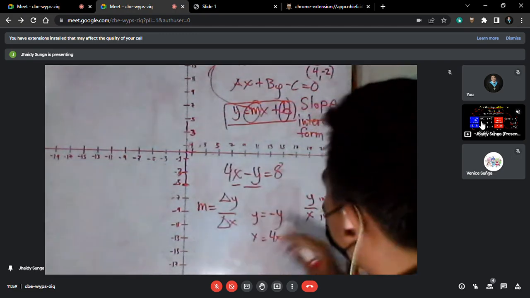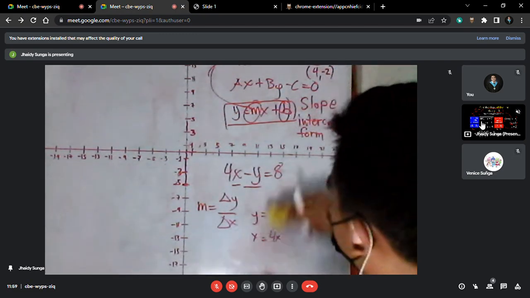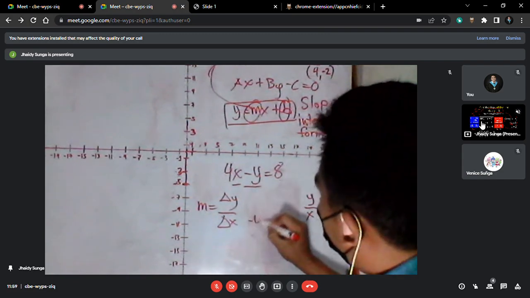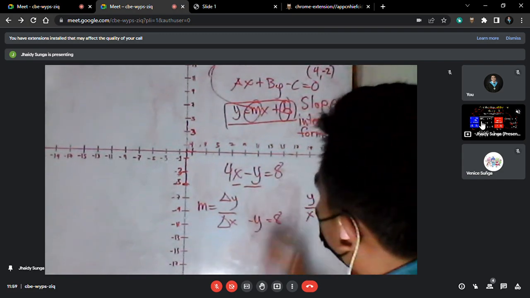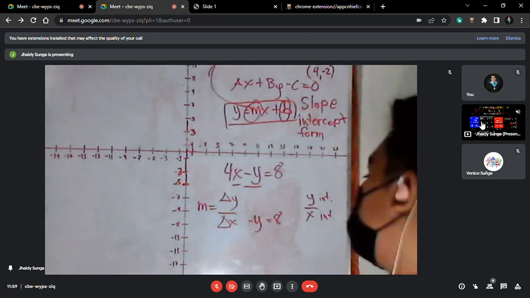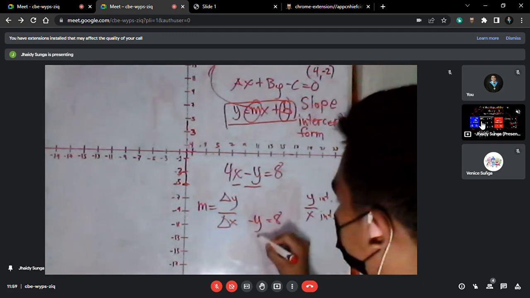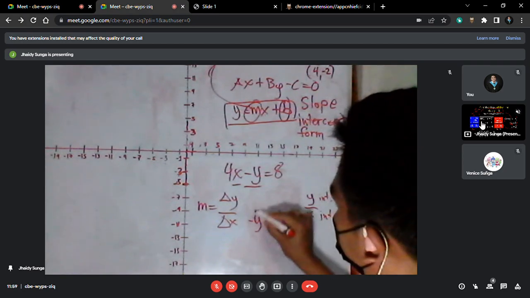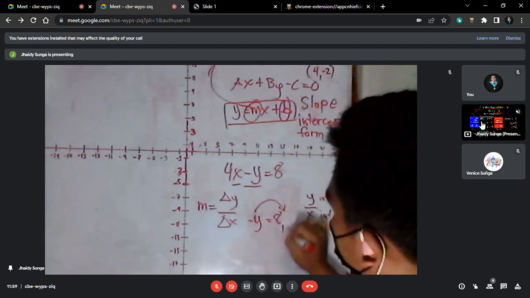So let us just write now. From your y, you have negative y over 8, right? Okay. So from negative y over 8, we could just interchange. Your y will be transferred here, your 8 will be transferred there.